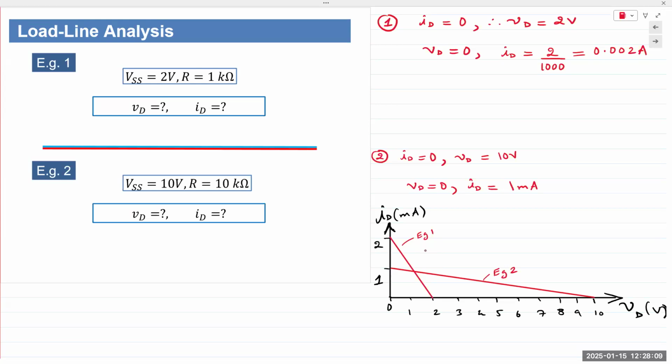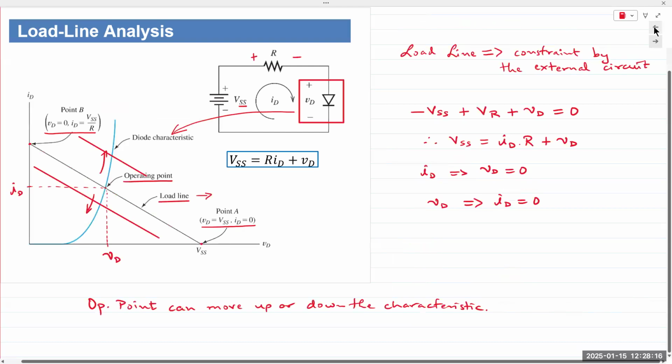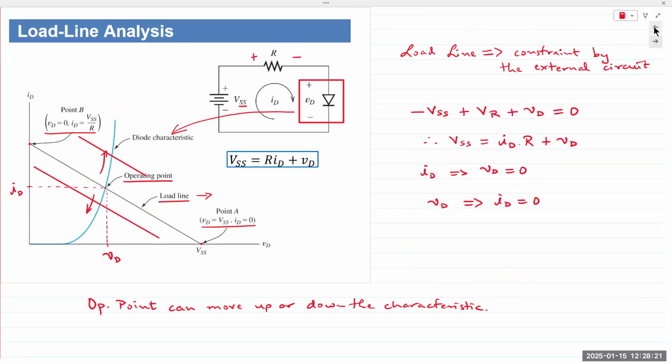So the question being asked is, why do we set VD and ID as 0? It is because we want to determine the voltage and current for a diode in a circuit. If there are two unknown variables, then we need at least two equations to solve them. We have one equation from the diode characteristic, which is the diode equation, ID is equal to IS times e raised to, we saw that equation previously. And then when you connect the diode in an external circuit, that external circuit places a constraint on the diode.